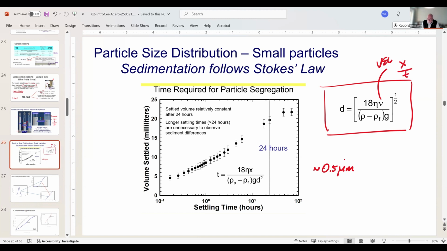I don't tell you the distance here, but this was in a graduated cylinder, and it takes roughly, this is 24 hours, here is 20, 30, 40, here is 48 hours, 2 days. It takes approximately 2 days for it to settle out to become a constant mass. But that's because I have a small particle.